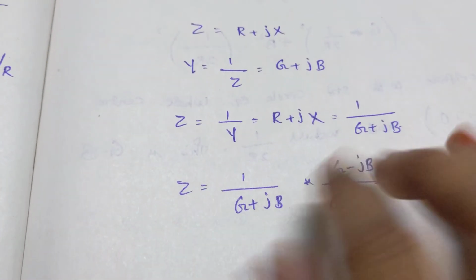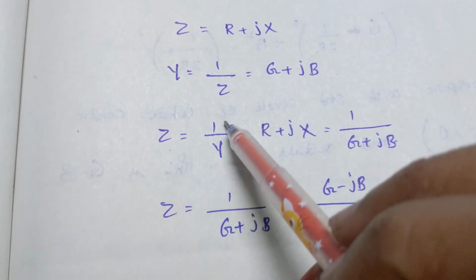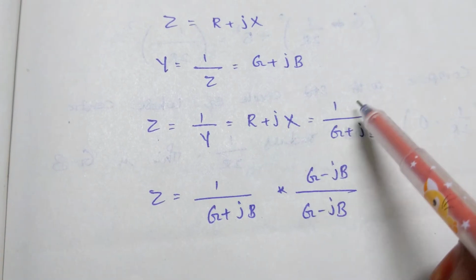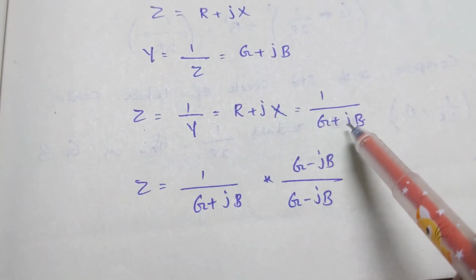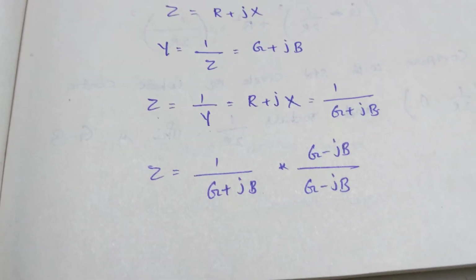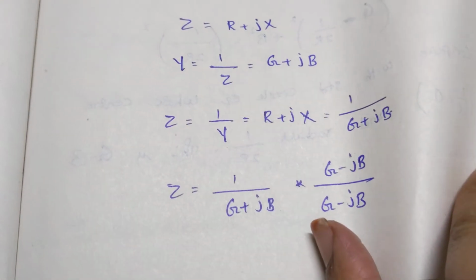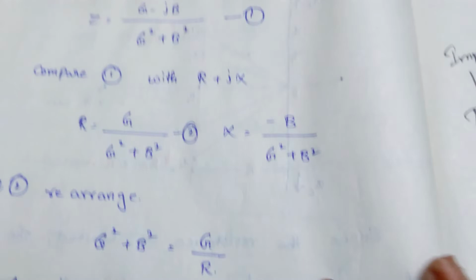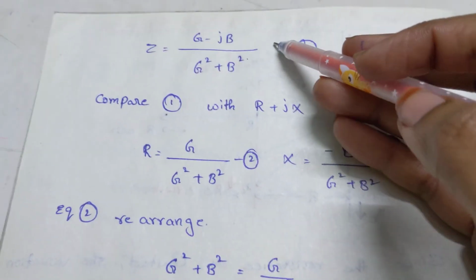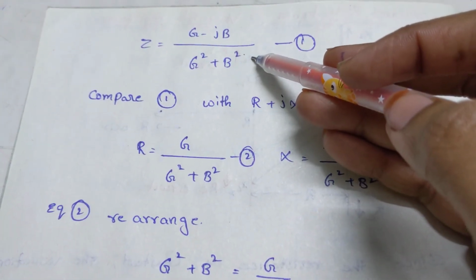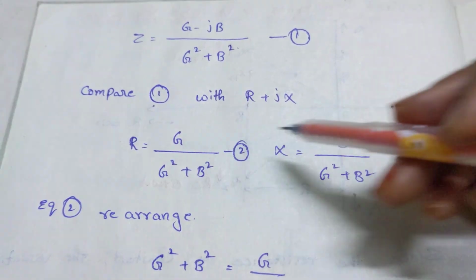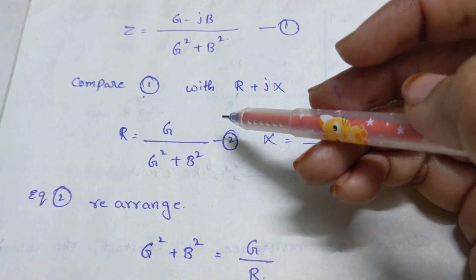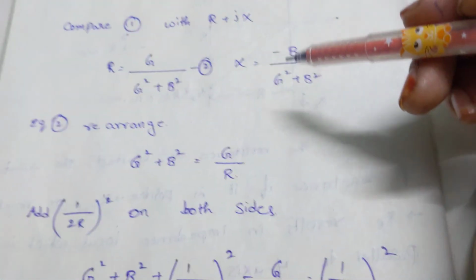So when I observe this, Z is nothing but 1 divided by Y, so I get 1 divided by G plus jB. Whenever we have a complex term in the denominator, we go for rationalization. When we perform this rationalization, this is the final expression I get. I separate the real and imaginary terms.